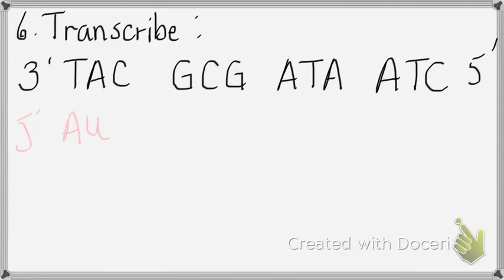A, U, okay. Now that's doing transcription. That's all I'm going to tell you to do is transcribe this. You have to know what the word transcribe means. It means to make RNA. And we practiced this at the bottom of page 141. If you want to look at another example where you practice doing that, it's page 141.